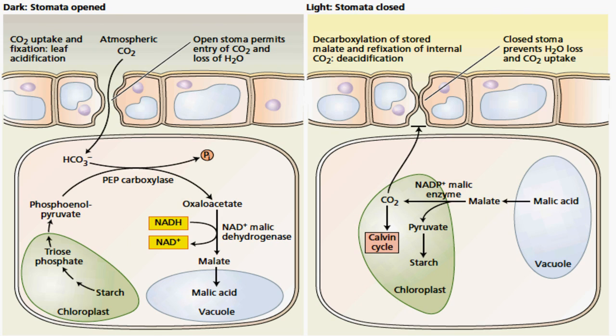With the onset of day, the stomata get closed, thus preventing loss of water and further uptake of carbon dioxide. The leaf cell deacidifies as the reserves of vacuolar malic acid are consumed. Decarboxylation is usually achieved by the action of NADP malic enzyme on malate.